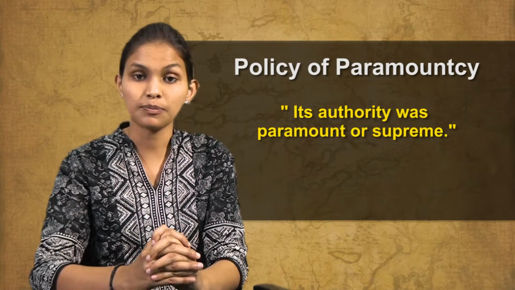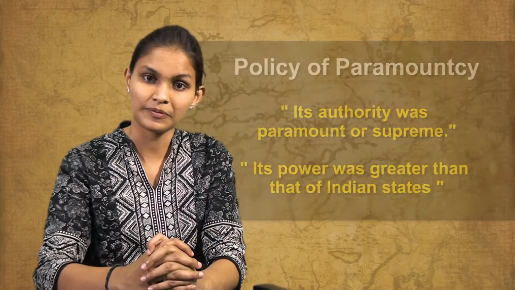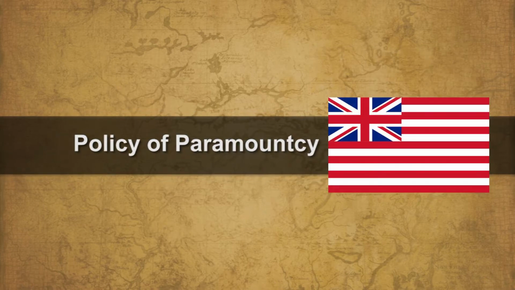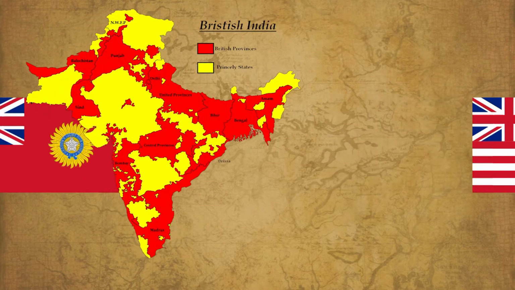Hence, its power was greater than that of Indian states. Using this policy, the Company annexed many Indian kingdoms. This policy was continued by the British to bring the whole of India under its rule.